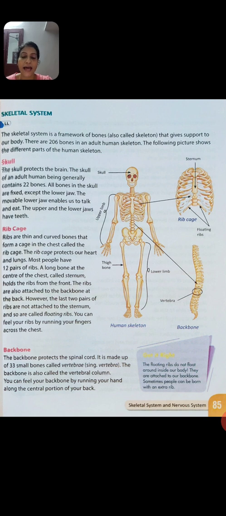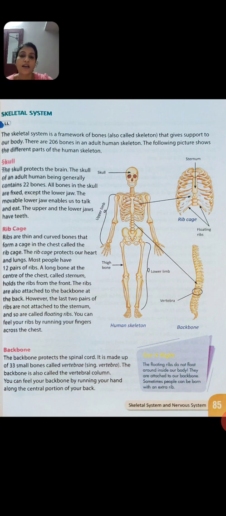Most people have 12 pairs of ribs. A long bone at the center of the chest called sternum holds the ribs from the front.